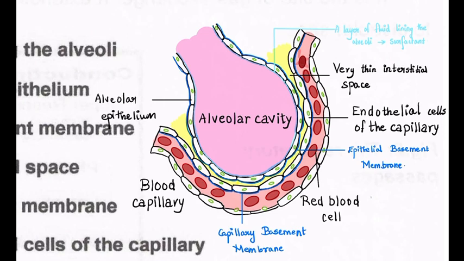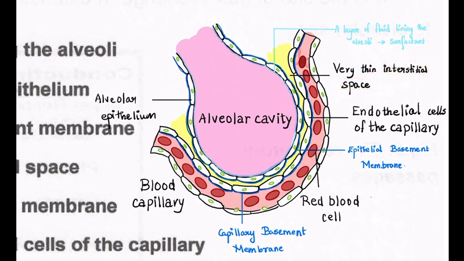Okay, next we have the alveolar epithelium. This one is the alveolar epithelium, and then the oxygen passes to the basement membrane of the alveolar epithelium. Then there's this thin space of interstitium. Okay, this is the very thin interstitial space.